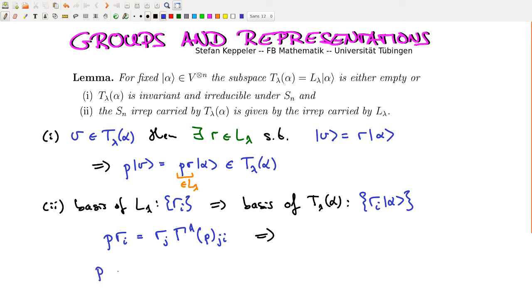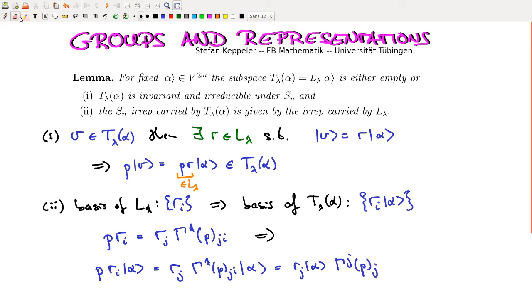Now we can apply a permutation P to Ri alpha. That's a basis element in here. But we know what P times Ri is. It's just Rj gamma lambda of P Ji, sum over J, times alpha, and if we like, write the matrix element here to the very right.